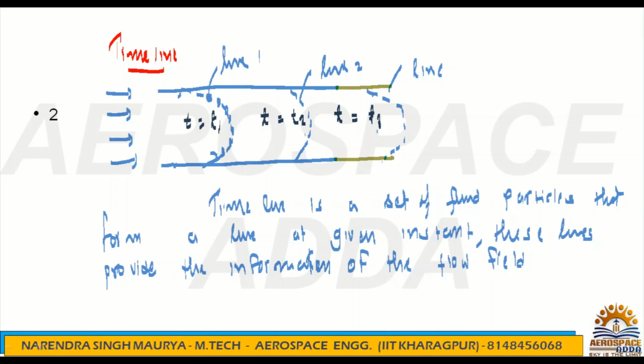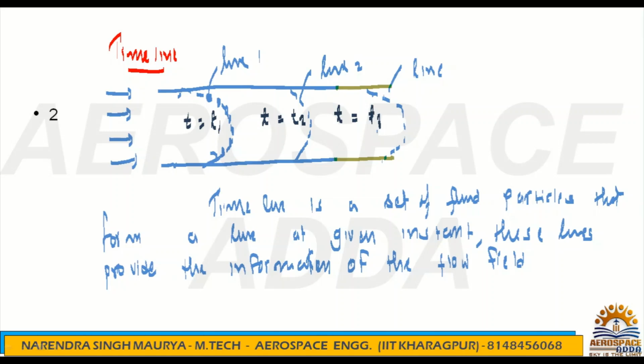The second one will be for the next 2 seconds, that becomes 4 seconds. All the fluid particles making that line are at the same time, 4 seconds. Similarly, line 3 is for the next time period, which is suppose 6 seconds.